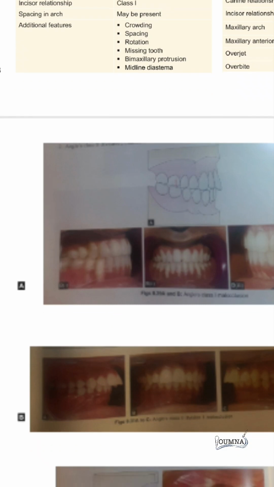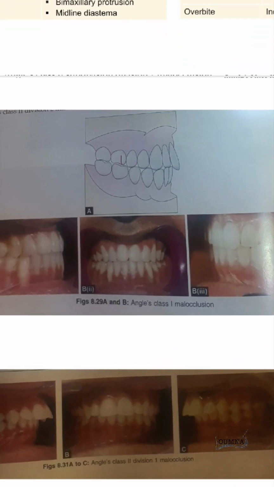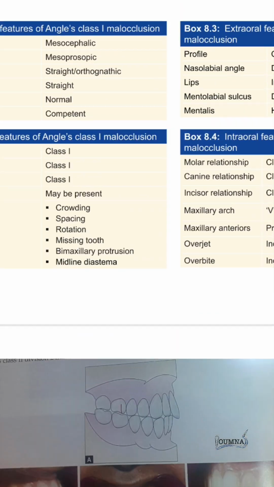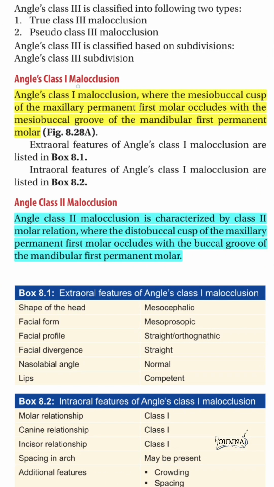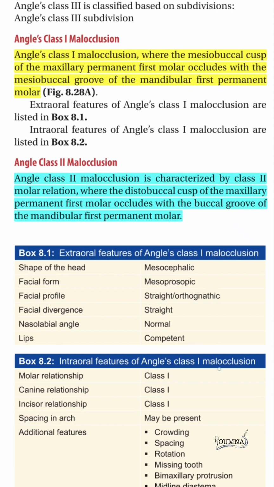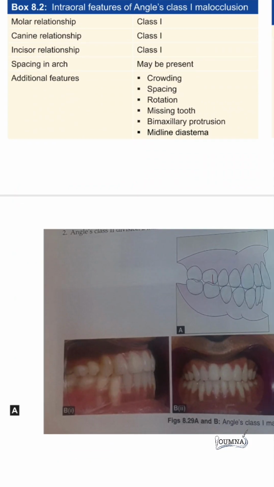Class 1, as we discussed, is the molar relationship, or the first key of Andrews, which we call Angle's class 1 malocclusion. It means that the mesiobuccal cusp of the maxillary permanent first molar occludes in the mesiobuccal groove of the mandibular first permanent molar.